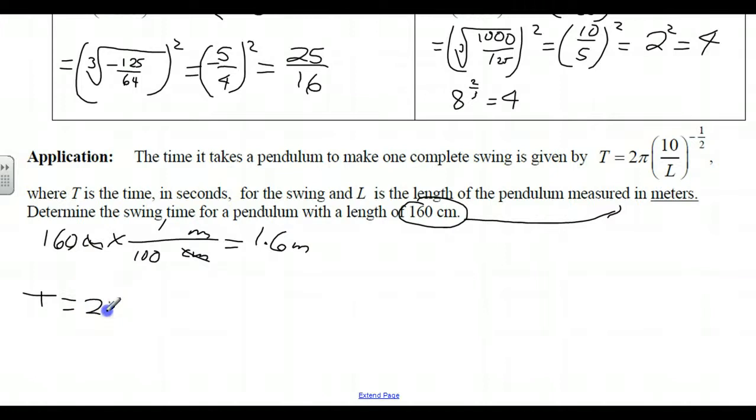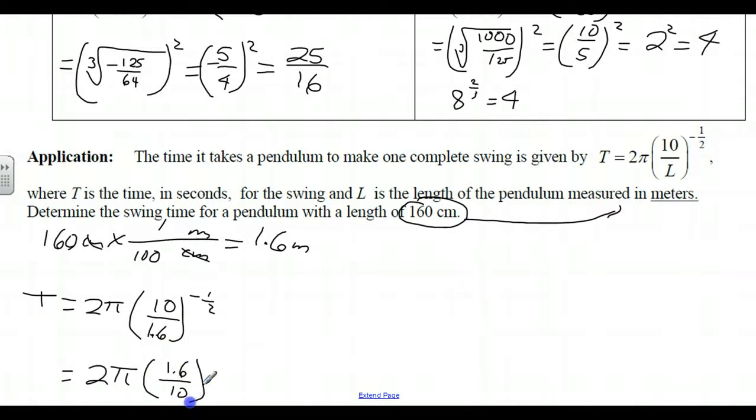So t is 2 pi times 10 divided by 1.6 to the negative 1/2, which is 2 pi times 1.6 over 10 to the positive 1/2.